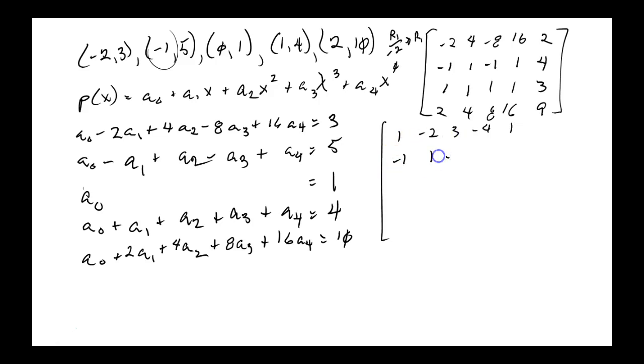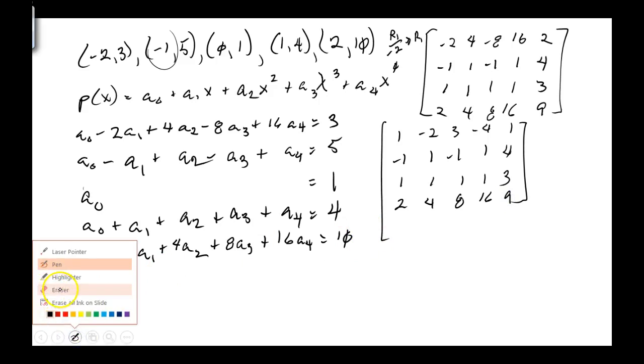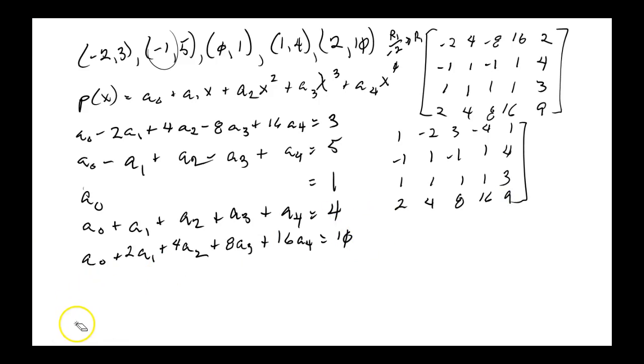Minus 1, 1, minus 1, 1, 4, 1, 1, 1, 1, 3. And almost could do the other one, but that would leave you a fraction at the end, so let's leave it 2, 4, 8, 16, 9. Okay, I'm going to move that up a little bit.